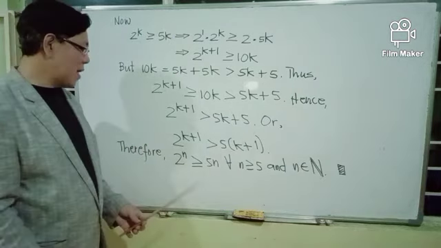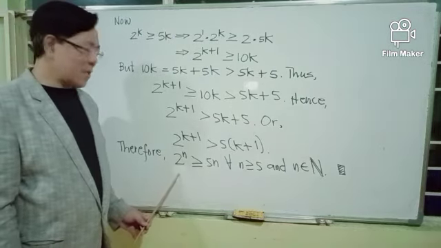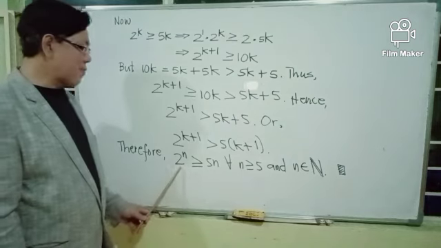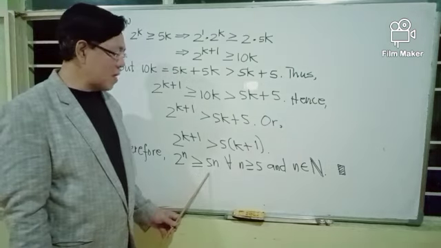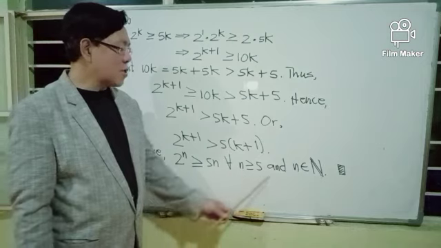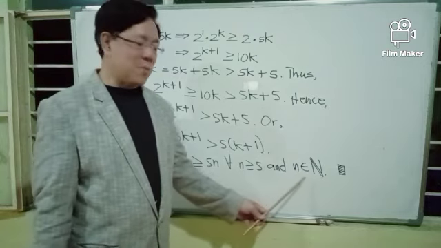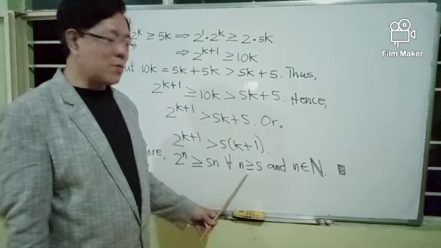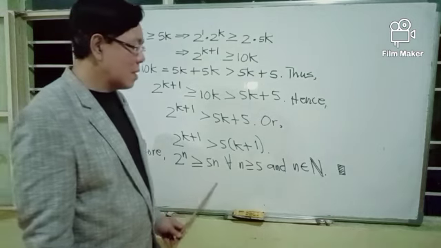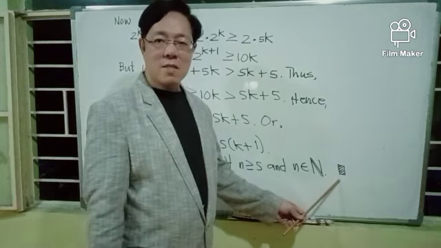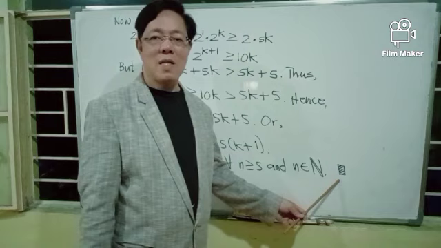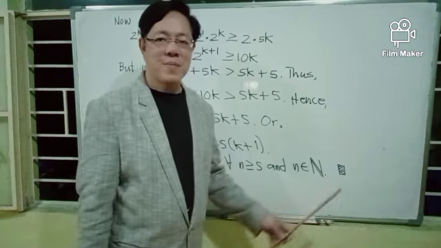We therefore conclude that the mathematical statement, or this inequality, 2 to the power n is greater than or equal to 5 times n for every natural number or positive integer that is greater than or equal to 5 is true. And this shaded rectangle indicates the end of proof.